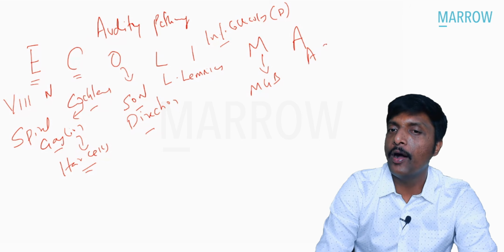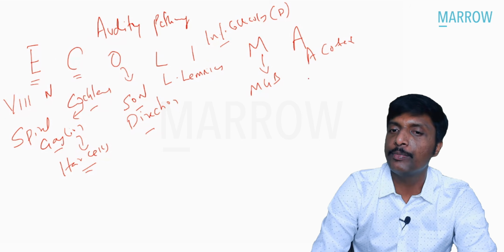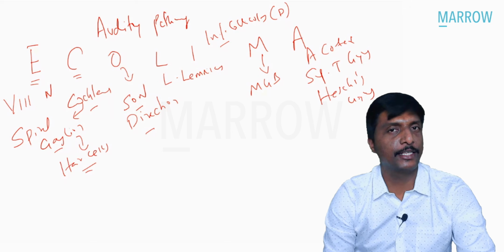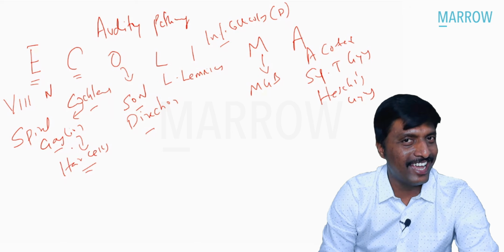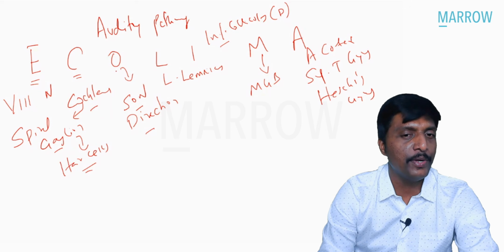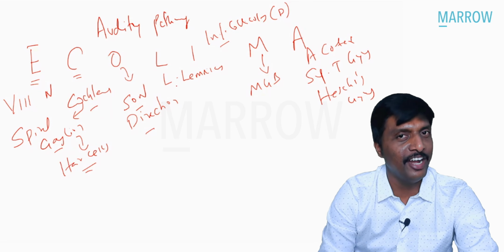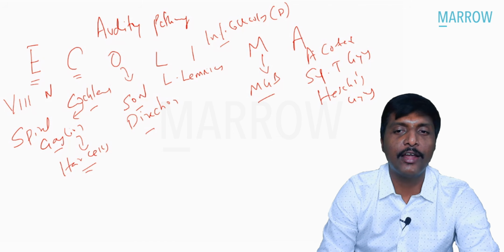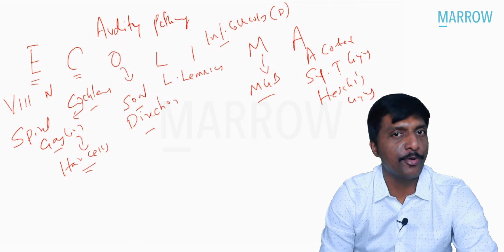A is the auditory cortex, located in the superior temporal gyrus, which can also be called Heschl's gyrus. So it is the spiral ganglion, eighth nerve, cochlear nuclei, superior olivary nucleus, lateral lemniscus, inferior colliculus, medial geniculate bodies, and auditory cortex, which is the superior temporal gyrus.